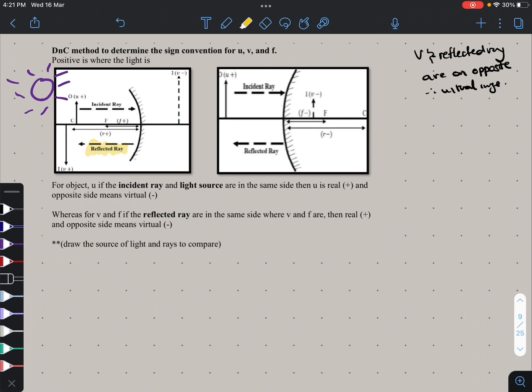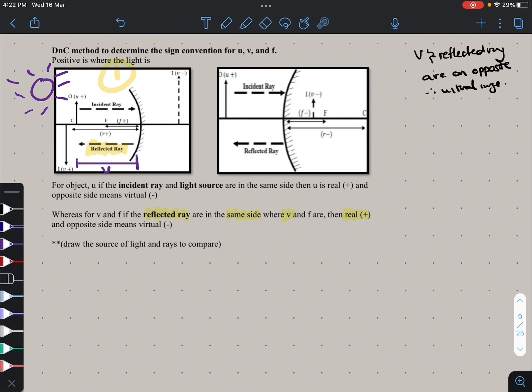Your reflected ray is going back from where it comes from. Okay, for the first case here, kita ada image being formed in front of the mirror. And as you can see, your image is at this particular distance from the mirror. Ini adalah V kita. Your image and your reflected ray are on the same side. Okay, your reflected ray and your V are on the same side, maka dia adalah real image.